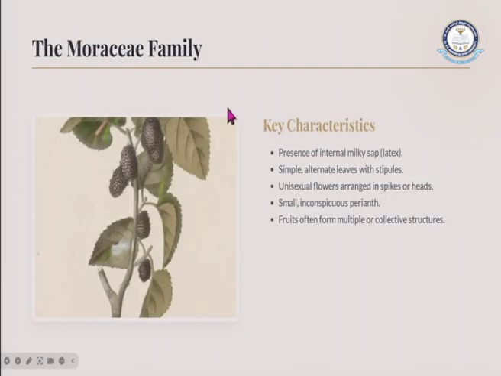It has unisexual flowers arranged in spikes or heads, and a small, inconspicuous perianth. The fruits are multiple, collectively forming different structures, and different forms of fruits are also present. So these are the key characters which made this mulberry be placed in the family called Moraceae.